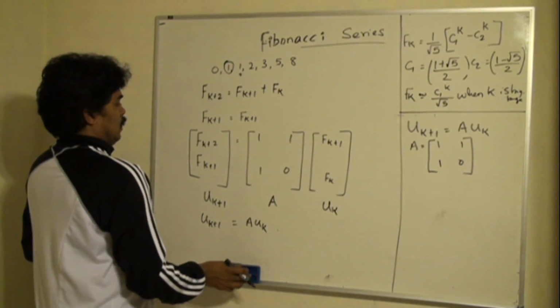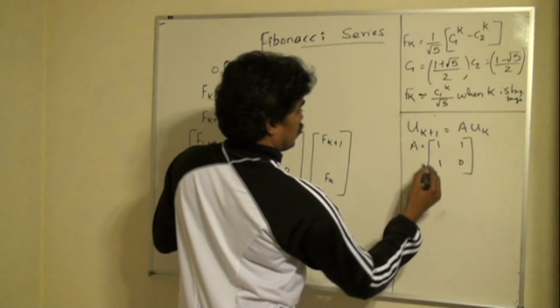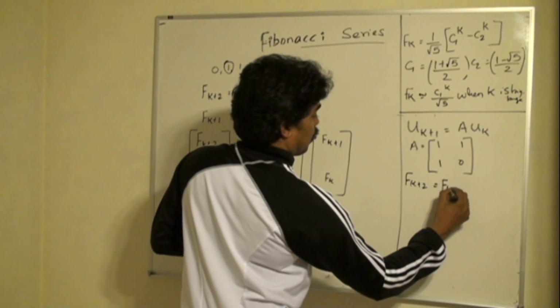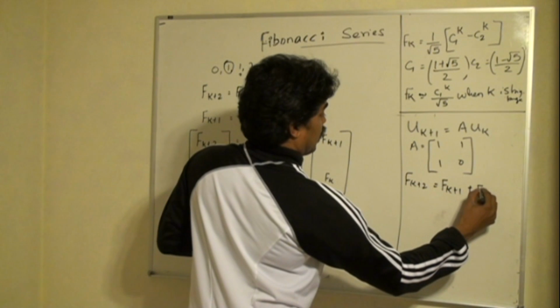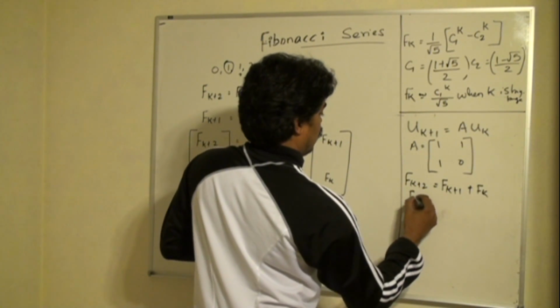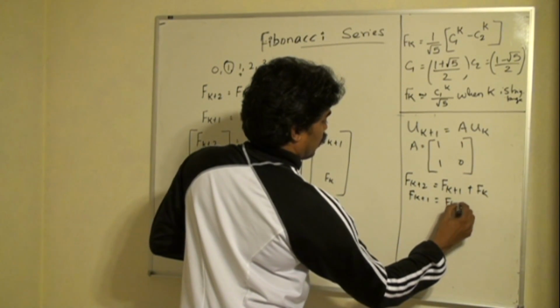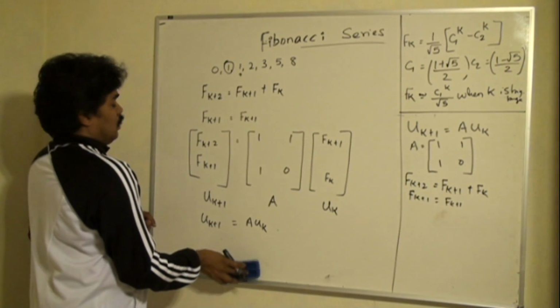I should write this too, because fk plus 2 is equal to fk plus 1 plus fk.